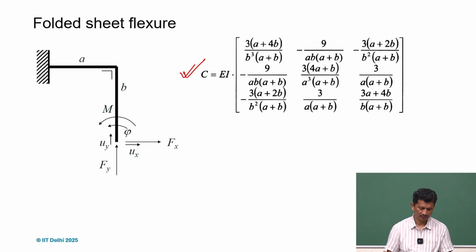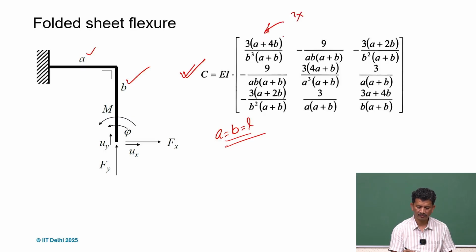And what if these lengths are the same? From here itself, what we can see, if we just take this member 3 times, this is 5L divided by 2 and L to the power 3 and 4, so 15 by 2 L cube.